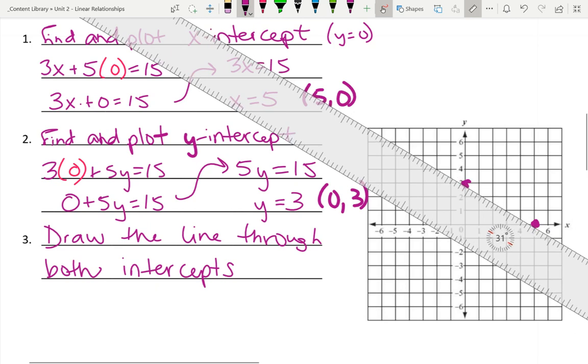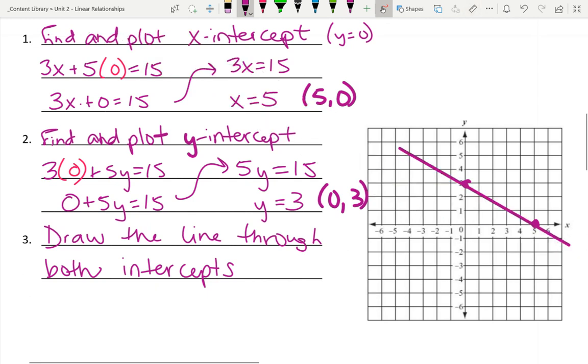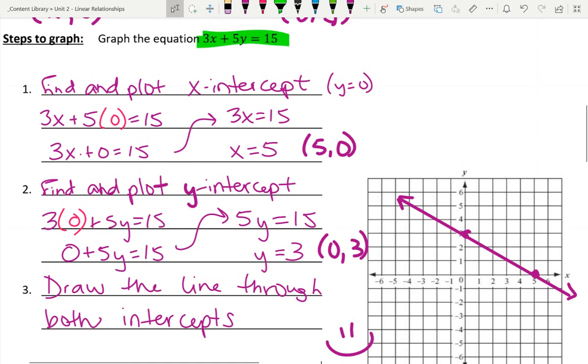Oops. When I try to draw my line, let's try this one more time. Hopefully you've got a better handle on this than me. So I graph my line, there it is, goes through both points, and I'm all done. So we could call this 3 steps, maybe 2.5 steps really, because drawing that line, I don't know. But that's all it takes. We went from a standard form equation to a graph.